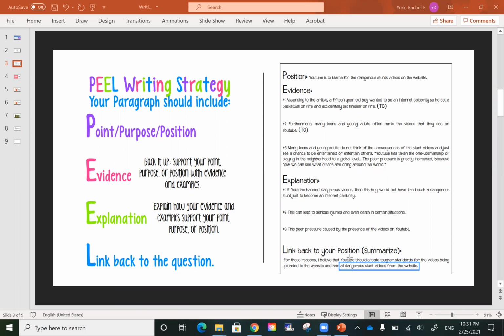And it's kind of also saying that YouTube having weak standards for videos, and not banning these dangerous stunt videos, is also to blame for all of the issues that are going on. All right. So that is an example of this.